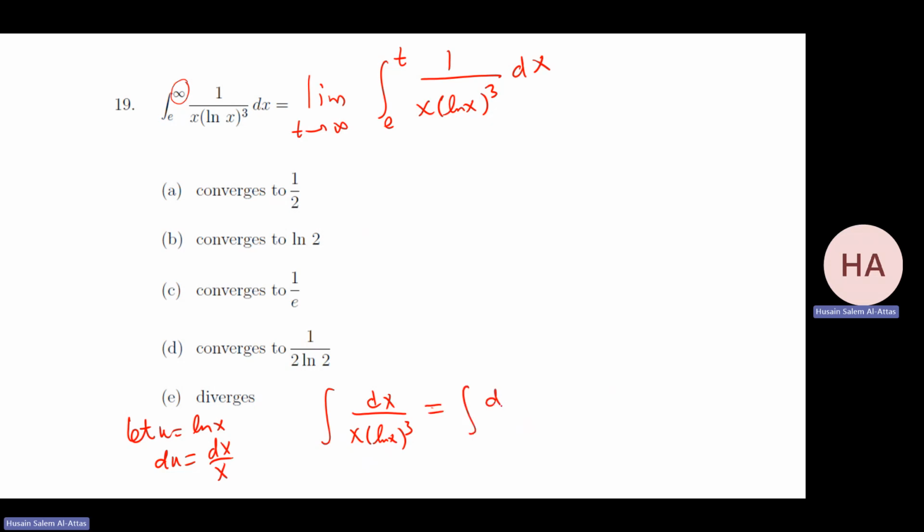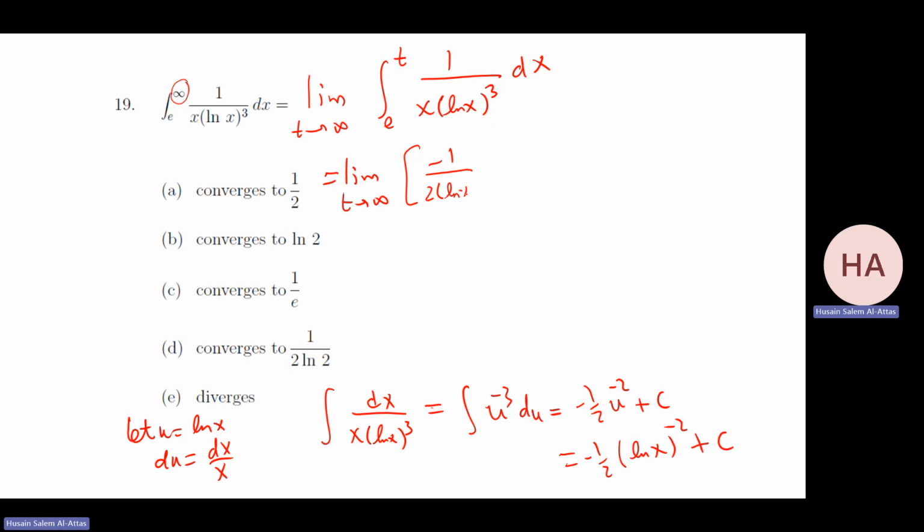So that is u to the power minus 3 du, and that is what? Minus half u to the minus 2 plus c, which is minus half (ln x) to the power minus 2 plus c. Okay, so this one will be the limit as t goes to infinity of, the integral is minus 1 over 2 (ln x) squared from e to t.